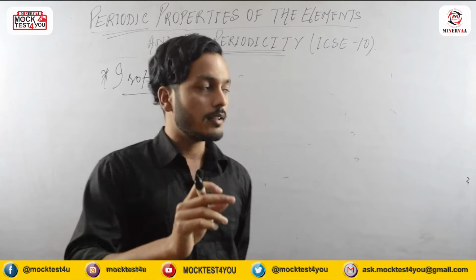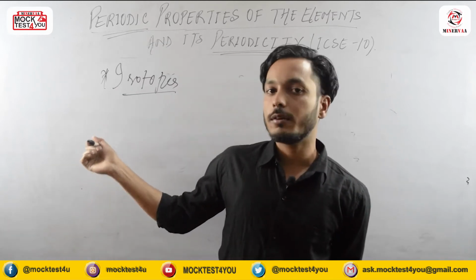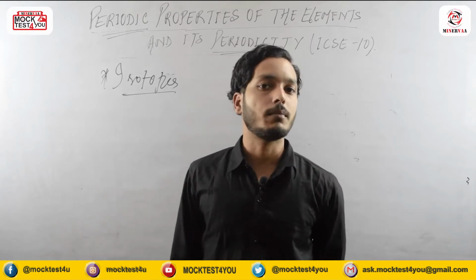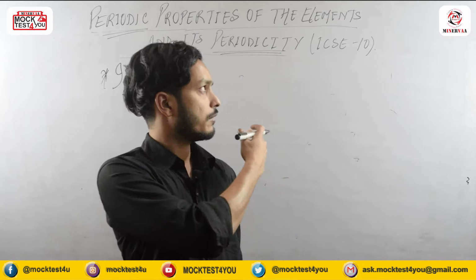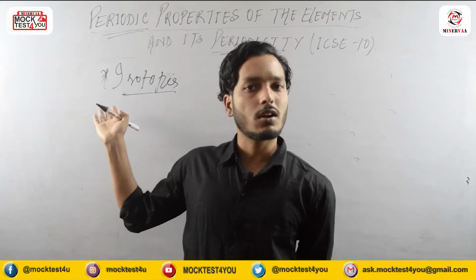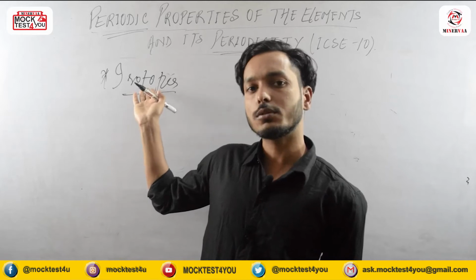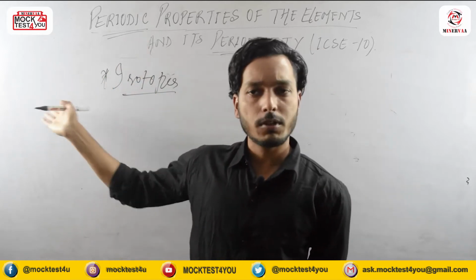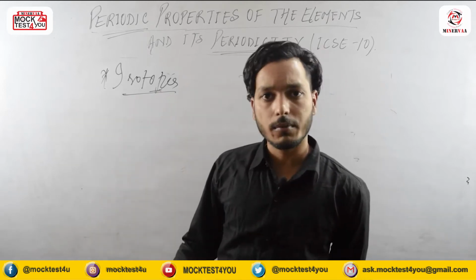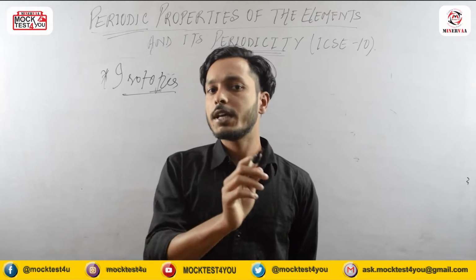In the modern periodic table, which is purely based on atomic number, the concept of isotopes will not come, because in isotopes the atomic numbers are the same. But Mendeleev's periodic table was based on atomic mass.